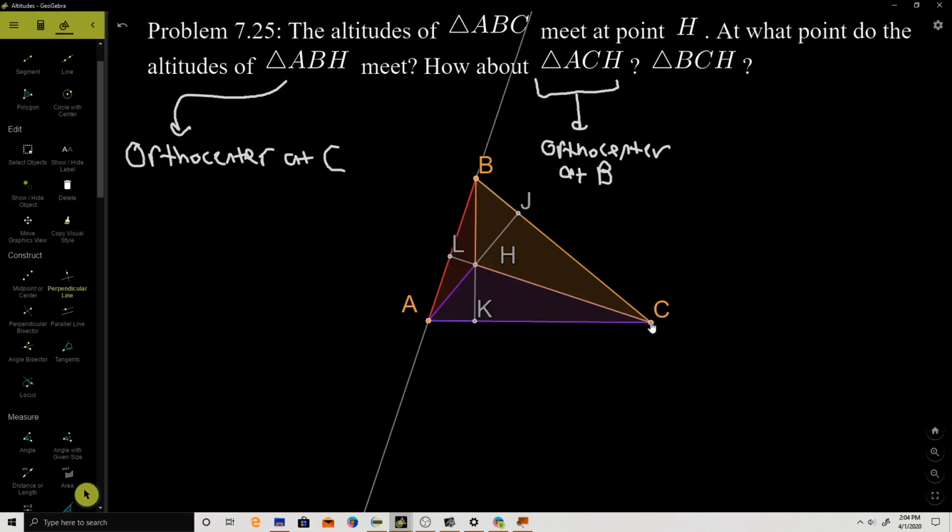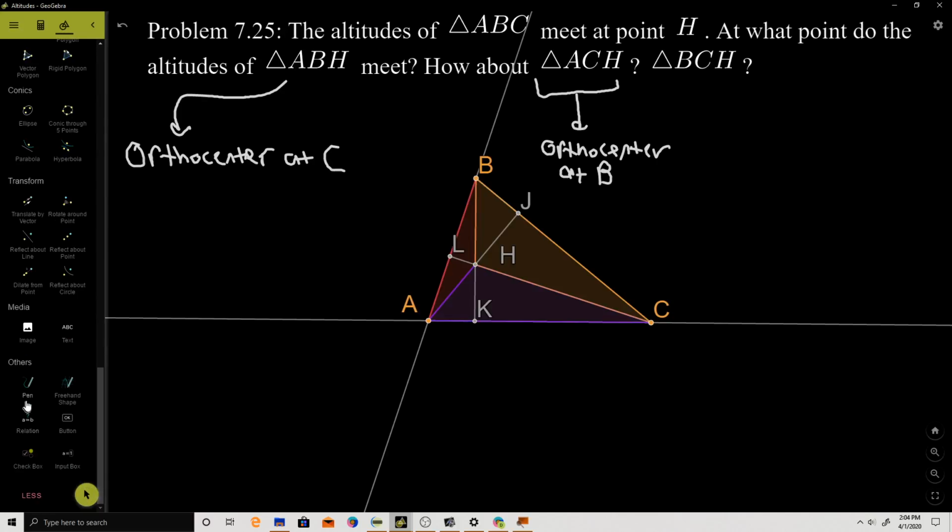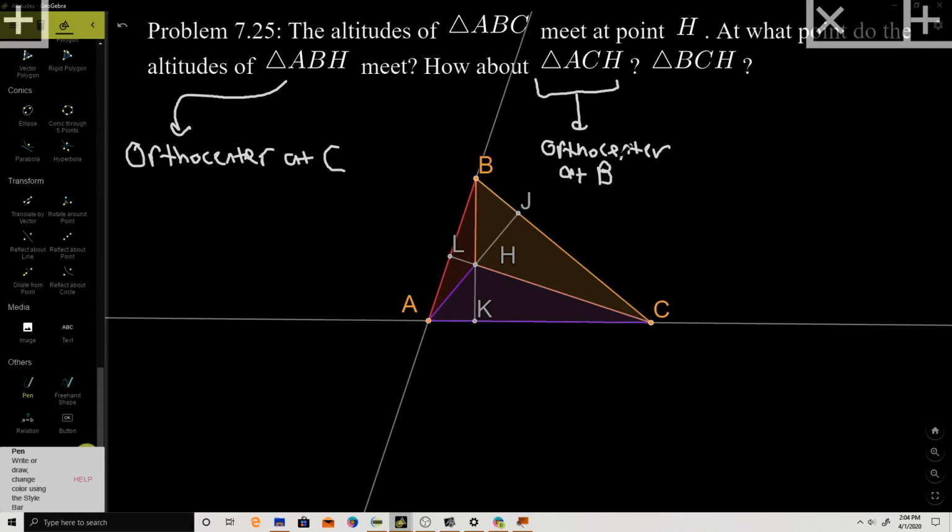And of course, C has to go through BH. And they intersect at A. So, just like we predicted, the orthocenter of BCH is at point A.